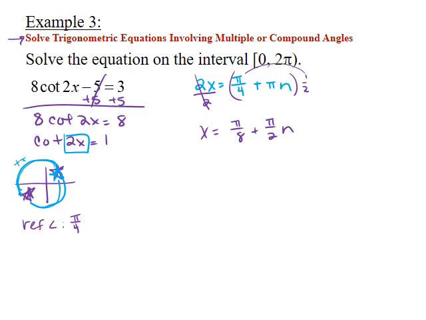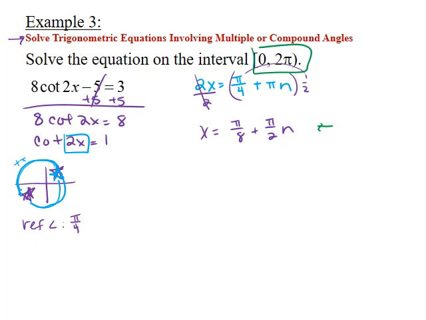Okay, now this one's a little bit different because we want to figure out all of the solutions within this interval that can fit into this formula, if you will. So remember, n is kind of like a revolution, or in this case, half a revolution.